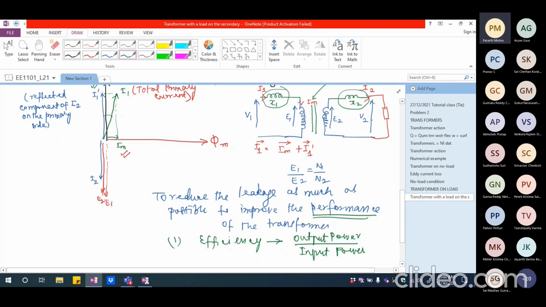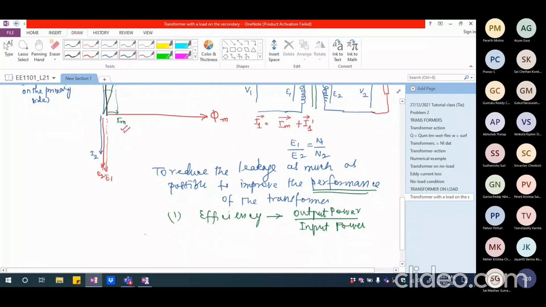So I'm having a voltage drop because of the leakage reactance. So I definitely need to say how regulated or how dropless the voltage at the output is. This is measured by voltage regulation.